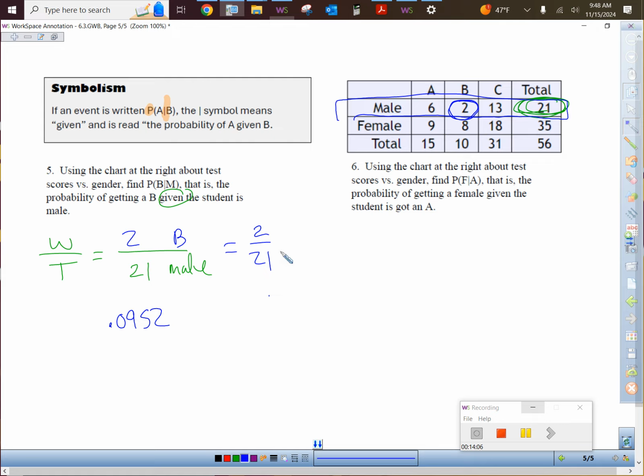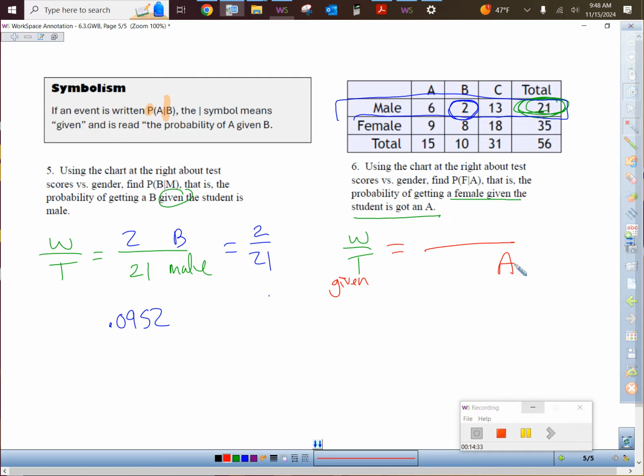Cool. So last one here, using the chart, it says find the probability of getting a female given the student got an A, so want over total. If you want to make a note for yourself, the given is on the bottom. Whatever they say is a given, that's on the bottom. So they say given they got an A, I need all the A's on the bottom.